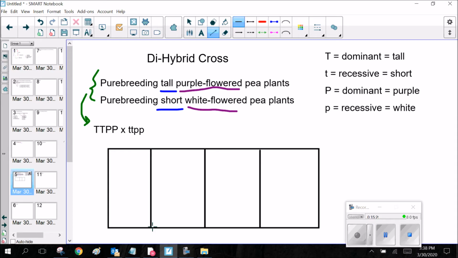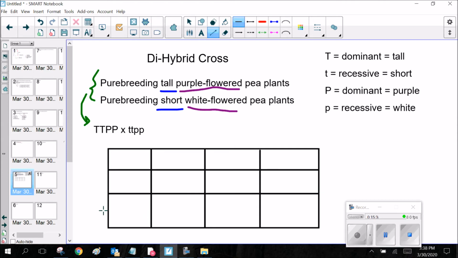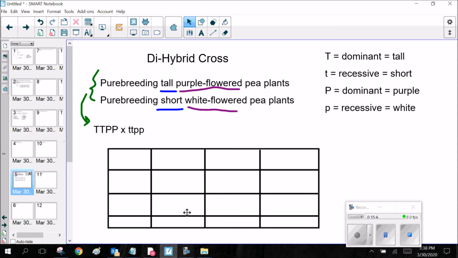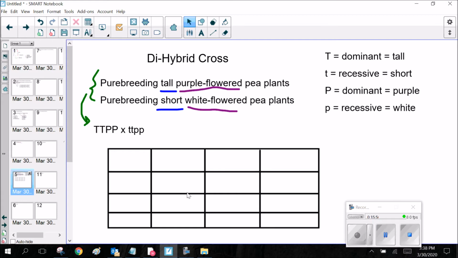So you're going to want 3 lines down, and then 3 lines across. So 1, 2, and 3. Look at that, that's not bad. Okay, so this one could be moved up just slightly. Yep, there we go. Awesome. Hey, that wasn't bad at all. So this is what you should end up with.